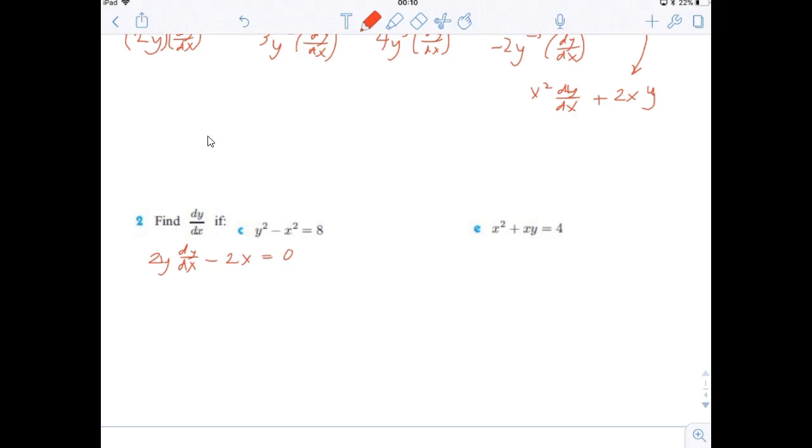So we add 2x to both sides, and we'll get 2y y dash equals positive 2x. And then I'm going to divide both sides by 2y, and I'll get y derivative equals 2x divided by 2y. And then, simplifying, crossing out the 2's, the derivative is equal to x divided by y.